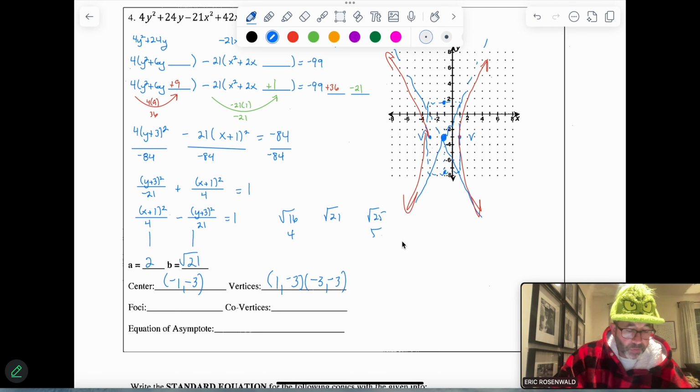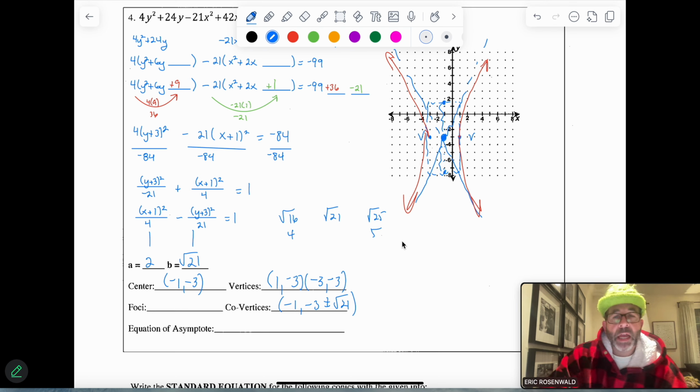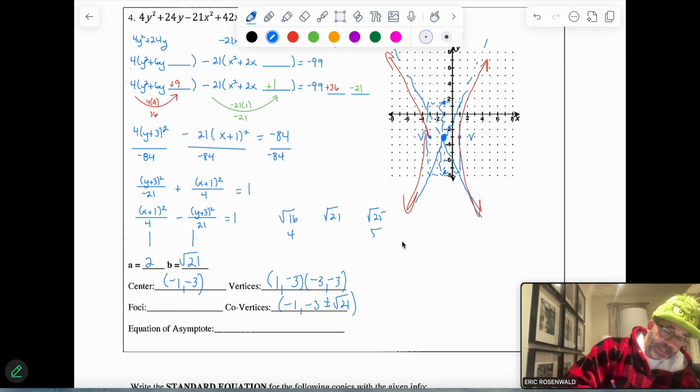For the co-vertices, from my center, which was at -1, we're going to go -3 plus or minus root 21, because we're going up and down root 21 in each direction. For the foci, we've got a squared plus b squared is equal to c squared.